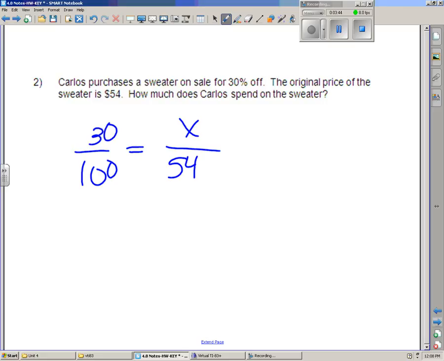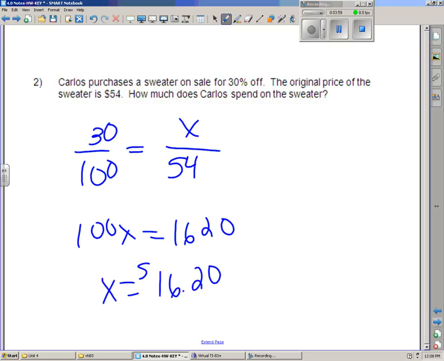So if we cross multiply here, you're going to get 100x equals 1,620. Divide both sides by 100. And x is going to be $16.20. Now here's where you have to be careful. He didn't spend $16.20. What he spent, well, let me back up for a second.